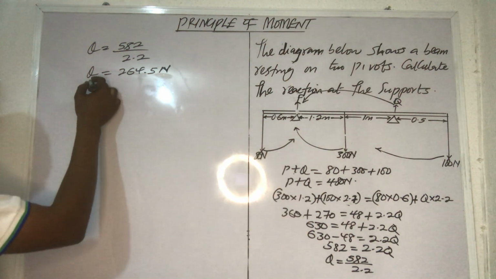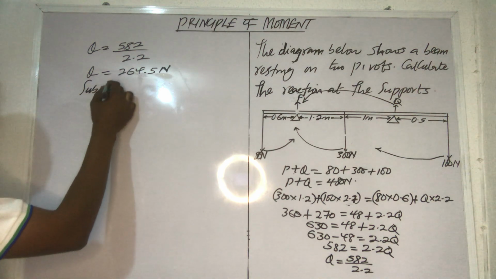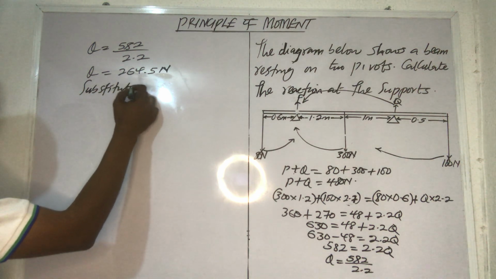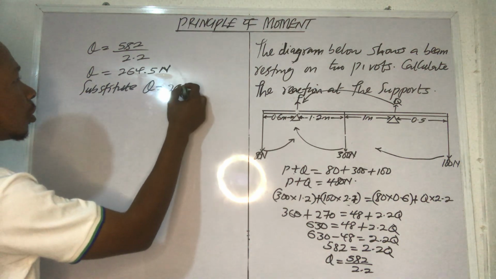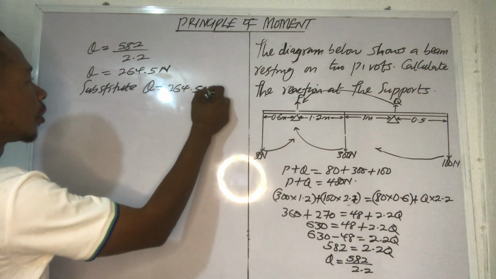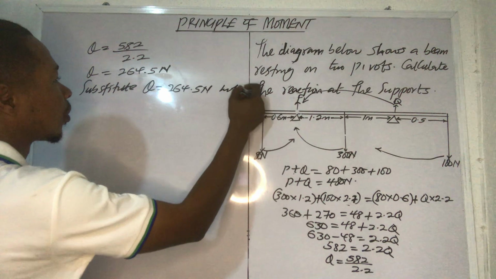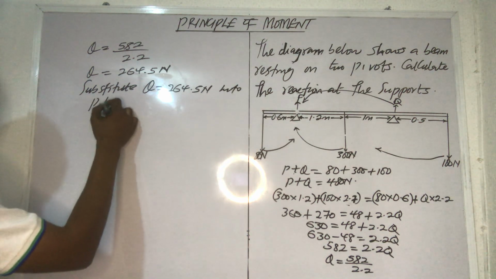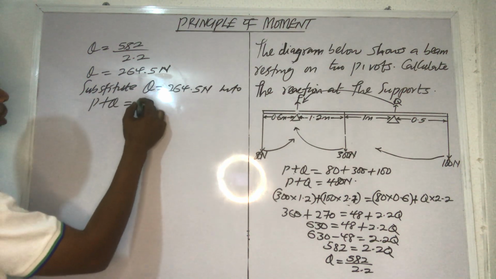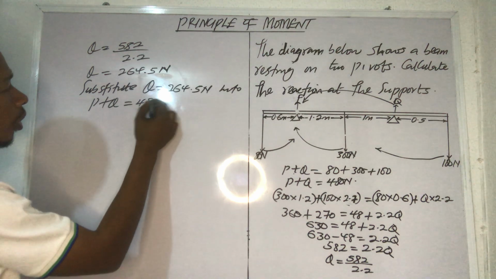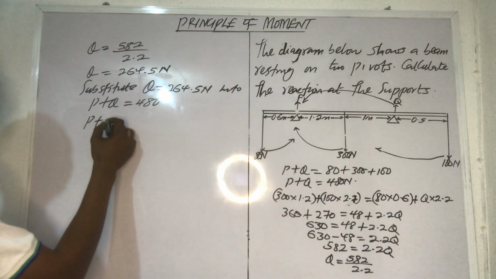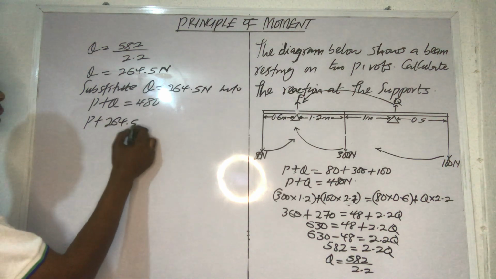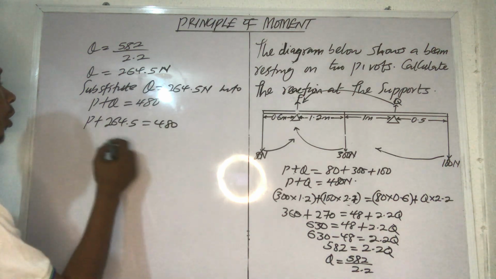Substitute P equal to 264.5 Newton into P plus Q is equal to 480. So in that case, you now have 264.5 plus Q is equal to 480.